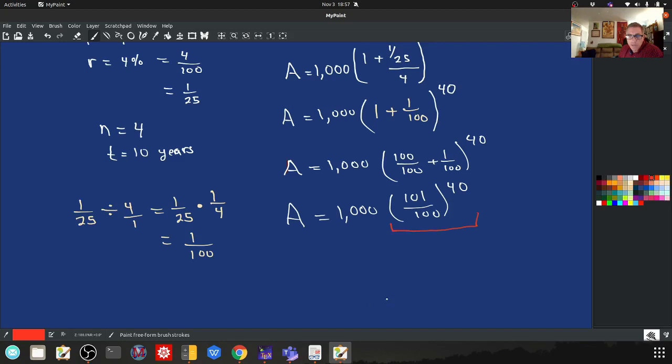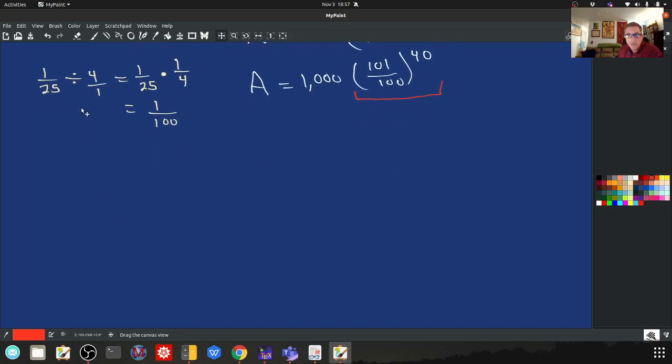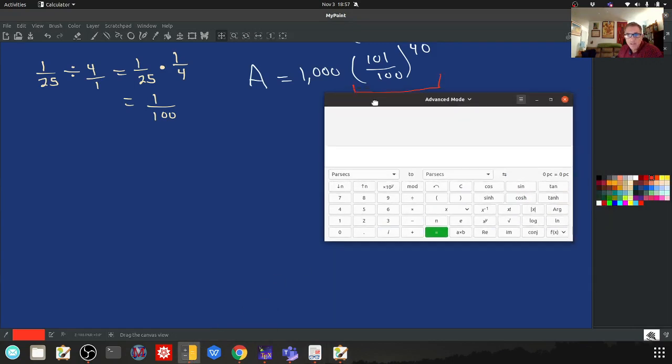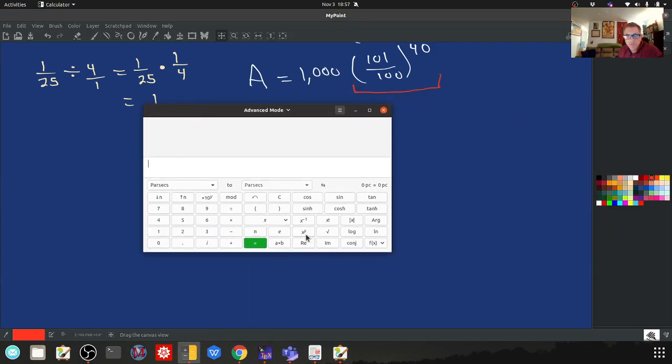So let's go ahead and do it. I'll show you how to do it with a calculator, just in case, since I've not really been allowing you to use calculators. I'm going to bring up my calculator, and I'm going to be using x to the y.